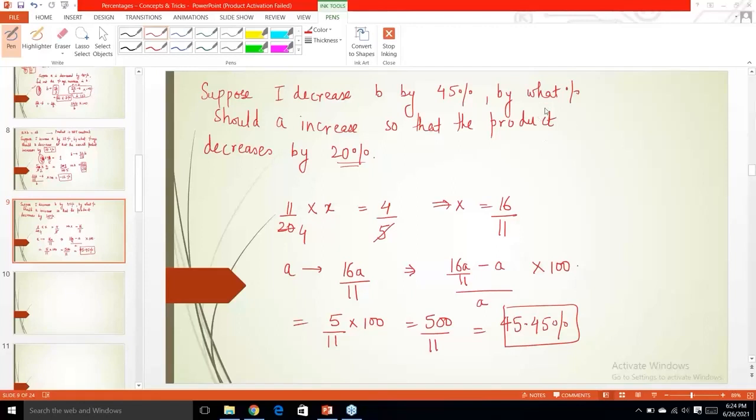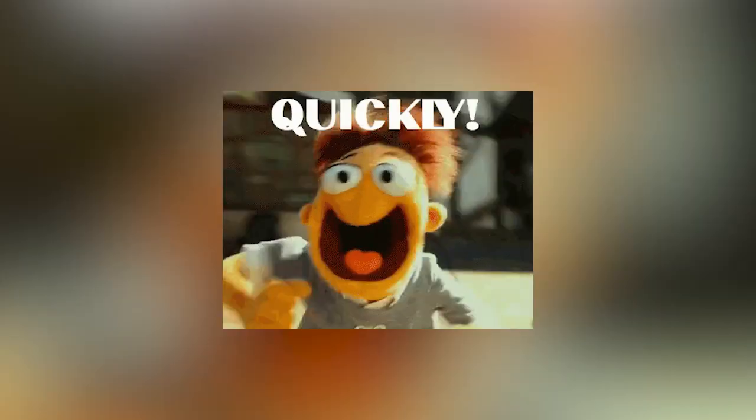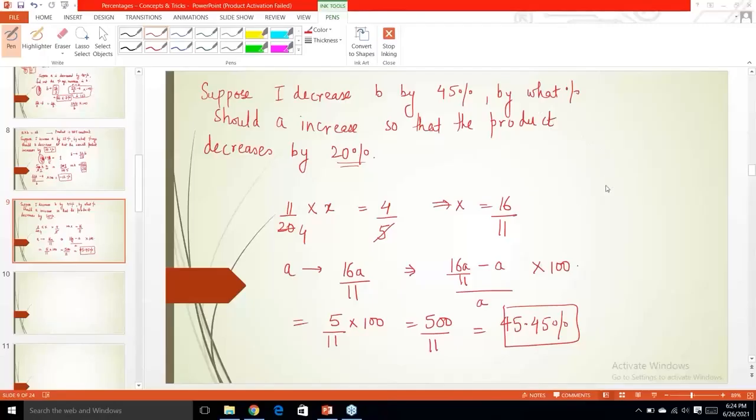Okay, clear to everyone? So this is how you can very quickly do it. Okay, so this was about the second concept.